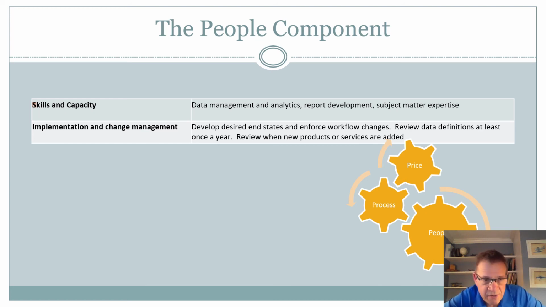And also in terms of implementation and change management, do you have the desired end states? Do you know what it is that you're ultimately trying to do? Do you know what curves you're trying to bend? Any definitions that you're using should be reviewed at least once a year, and should also be reviewed when new products or services are added.